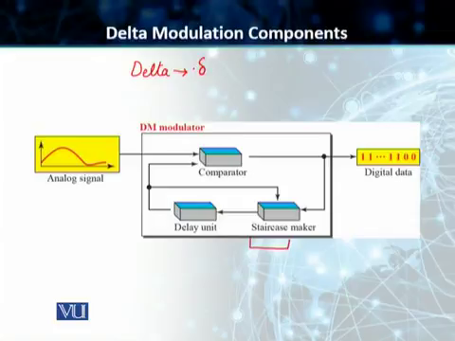If this delta is going up, if the analog signal is increasing, means the delta is positive, then we record a 1. Students, if the delta is negative, we record a 0.